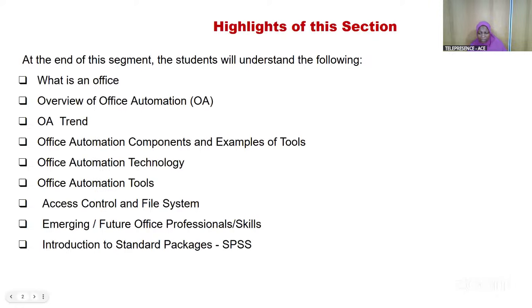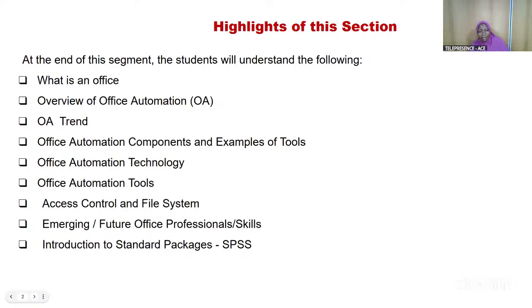For the purposes of this class, I have the following highlight, saying that at the end of this segment, the student should be able to capture what we mean by office, also to have the big overview of office automation and the office automation trend. I will also mention office automation components and some examples, as well as the technologies that are involved in office automation and the tools that are used.